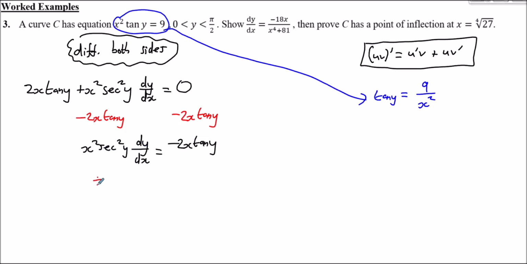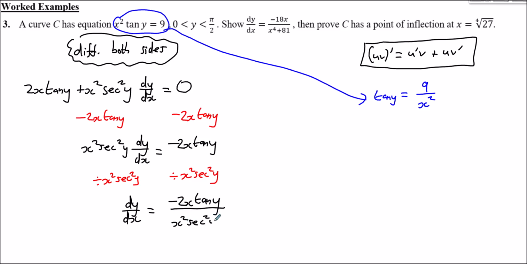So if I do that, I can then see that dy by dx equals minus 2x tan y all over x squared sec squared y.